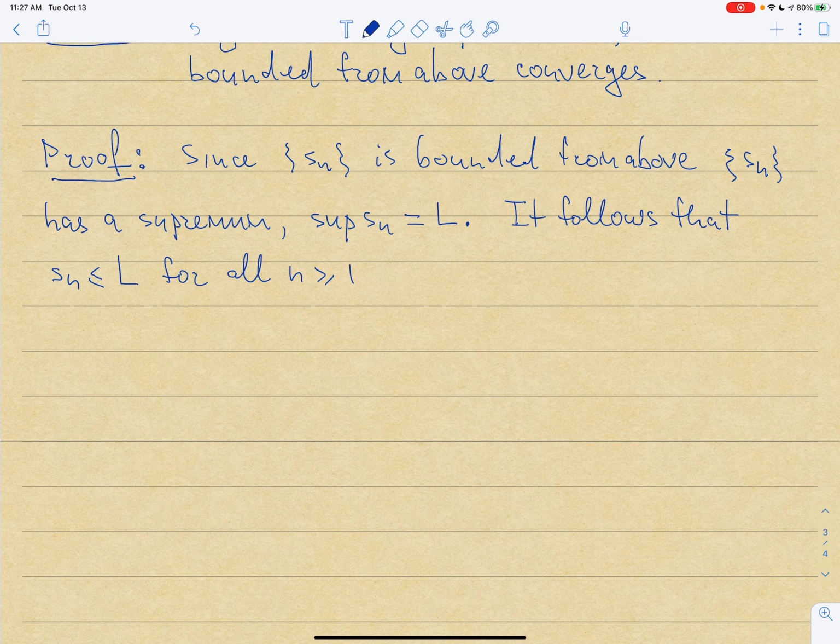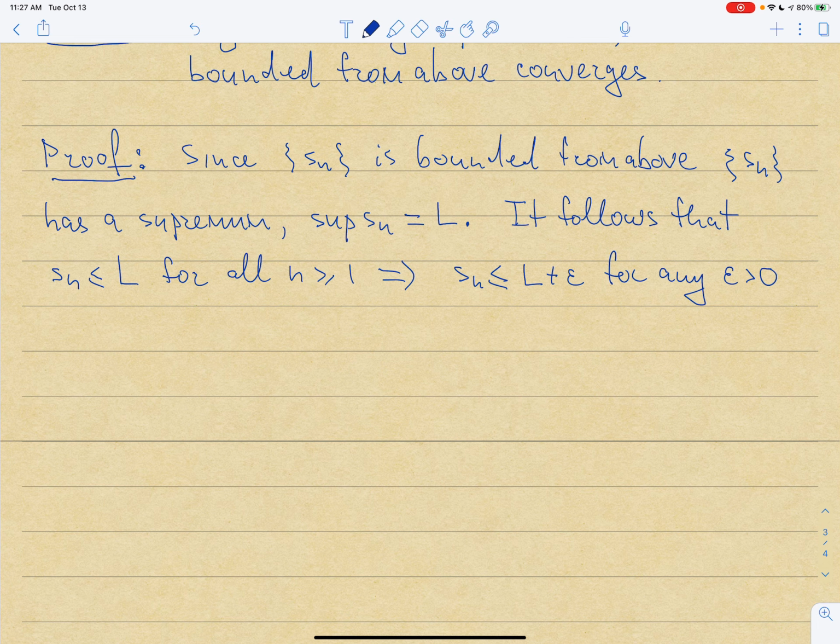And in particular, from this, it will follow that Sn is less or equal than L plus epsilon for any epsilon greater than 0, right? So if Sn is smaller than some number, then Sn surely is smaller than that number plus epsilon.